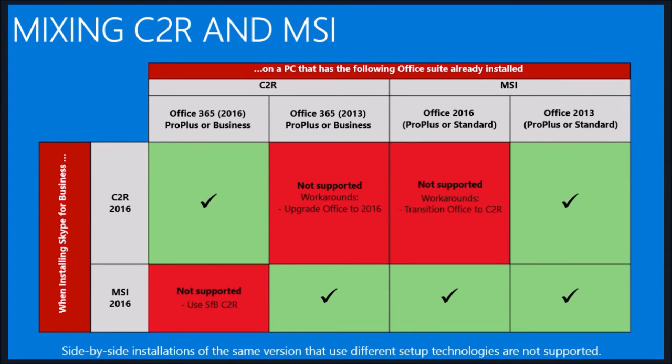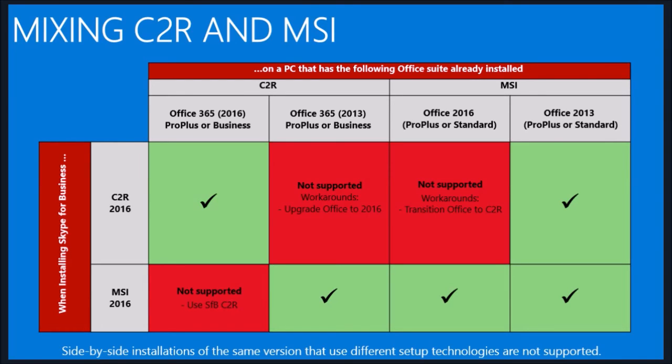But I think the key takeaway here is that for the same version, you can't mix and match the installed technologies. So if you, for example, have 2016 C2R installed of Office and you want to install standalone Skype for Business 2016, you will have to use C2R bits for that.